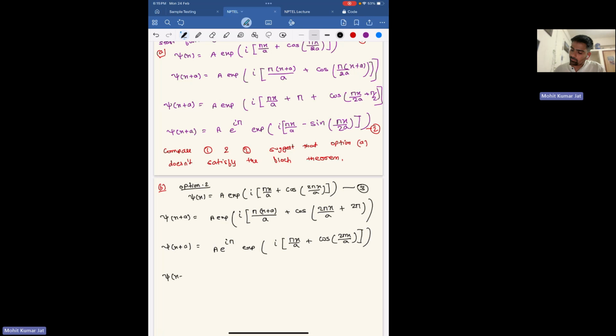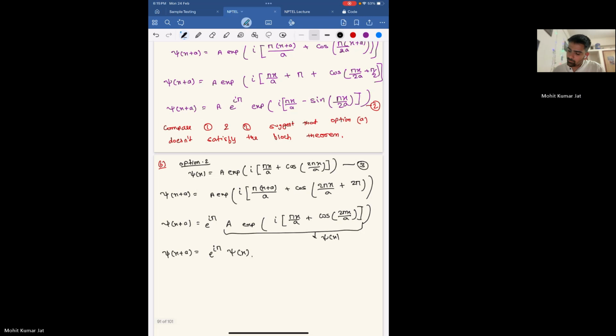If I write it like this, e to the power i pi times a over a, so this is nothing but psi x. So I can write it like e to the power i pi times psi x, and psi x plus a will be e to the power i pi by a times a, psi x, and I can write it as e to the power i k a psi x.